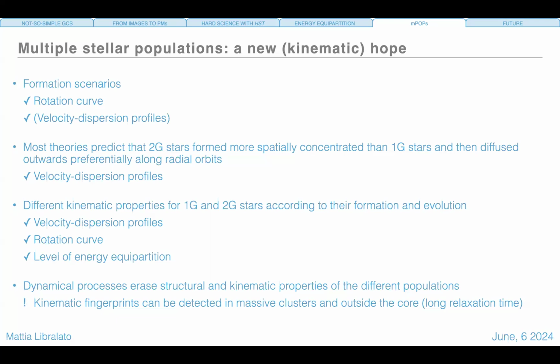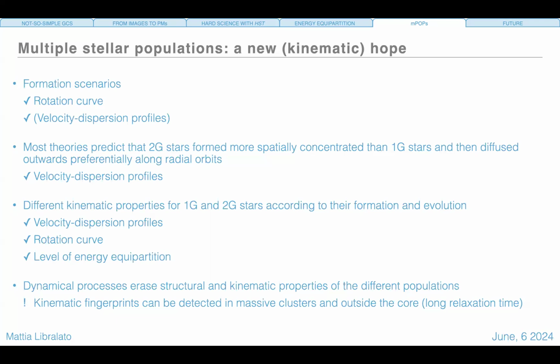Regardless of the formation mechanism itself, most of these theoretical works seem to agree that the second generation stars form more spatially concentrated than the first generation stars. And then they start to diffuse outward radially. And if you remember before, this means that they should have imprinted in their kinematics a radial anisotropy.